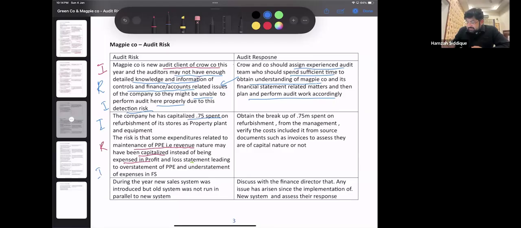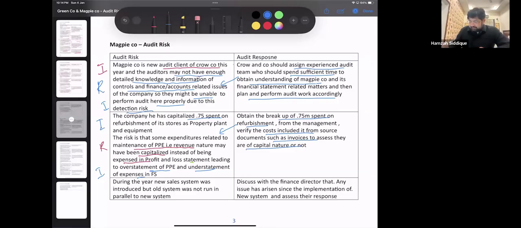What is the impact on the financial statements? Overstatement of assets and understatement of expenses. Now, the response: obtain a breakup of this and verify the costs included in it, such as invoices, to assess whether they are of capital nature or not.